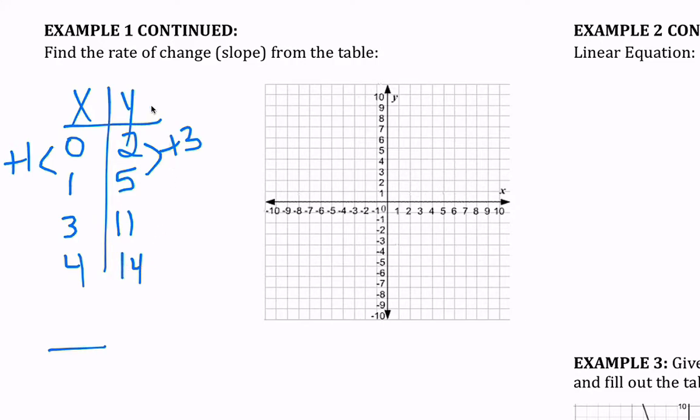Well, we do the changes in the y's over the changes in our x's. So on top I'm going to have a positive 3, on bottom I'm going to have a 1. 3 divided by 1 is a positive 3. All right, and we already knew that, but just practicing, that's how we find slope from a table.